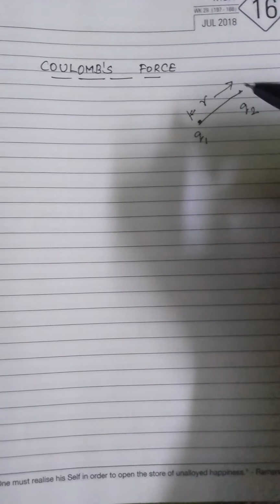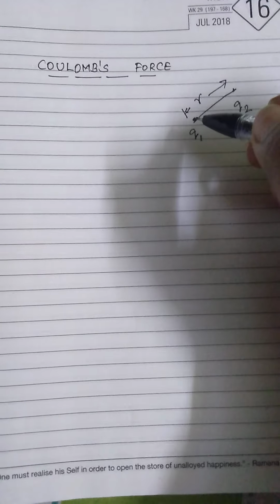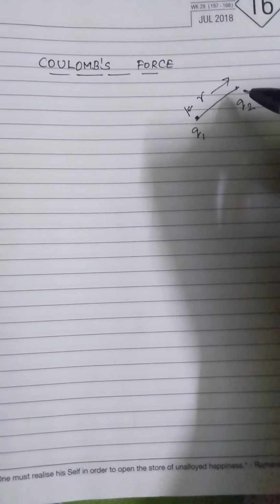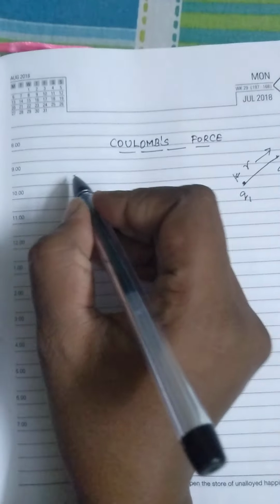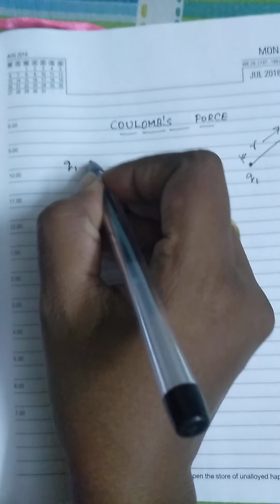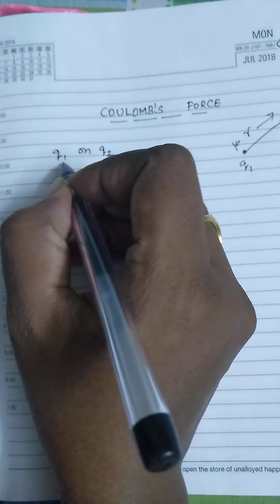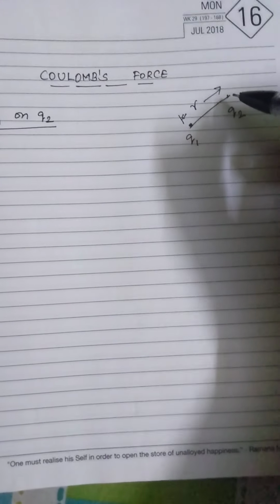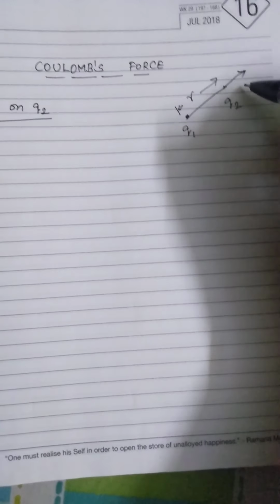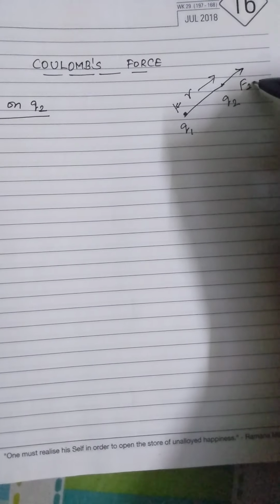Whichever you take as the initial case, first I am taking Q1 acts on Q2. So when Q1 acts on Q2, the force experienced by the Q2 charge is known as F21.